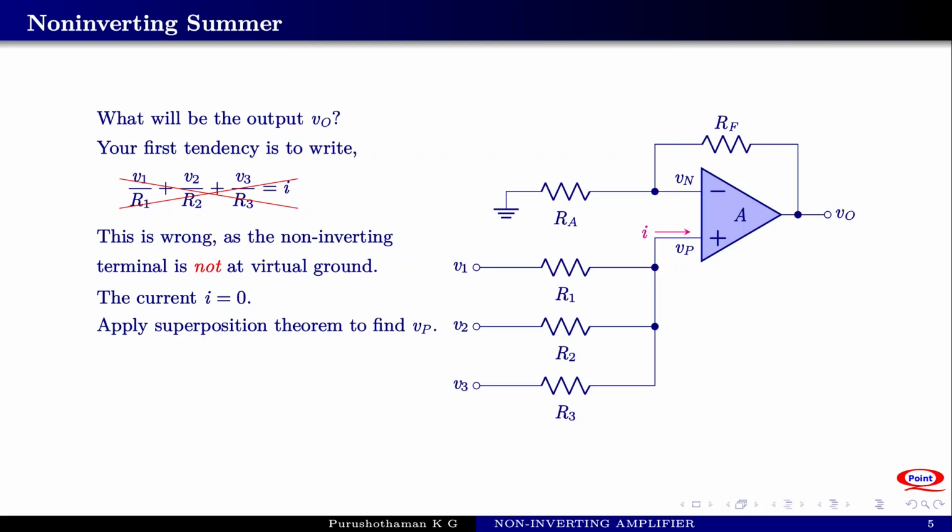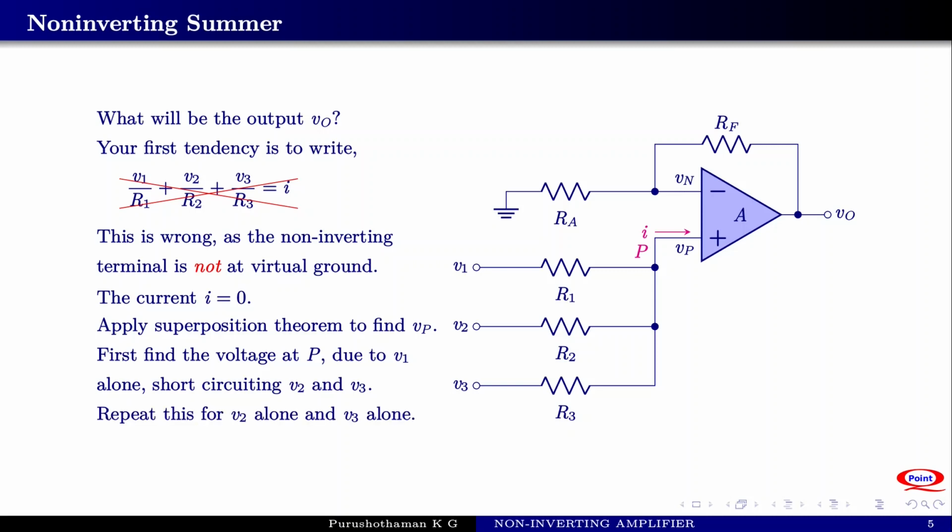So let us find Vp by applying the principle of superposition. First, find the voltage at P due to V1 alone, short circuiting V2 and V3. Then find the voltage at Vp with V2 alone, short circuiting V1 and V3. Then find Vp due to V3 alone, short circuiting V1 and V2.